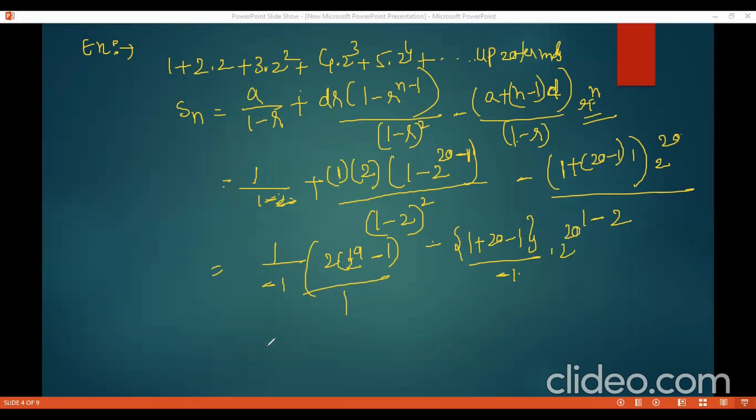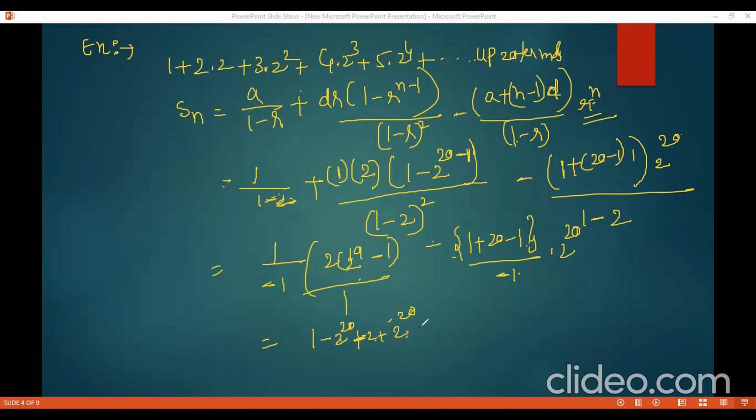Right? So, what do you write now? Put this 1 minus 2 to the power of 20 plus 2. Plus 2 plus this is minus 1 minus minus, plus 2 plus 2 to the power of 20.